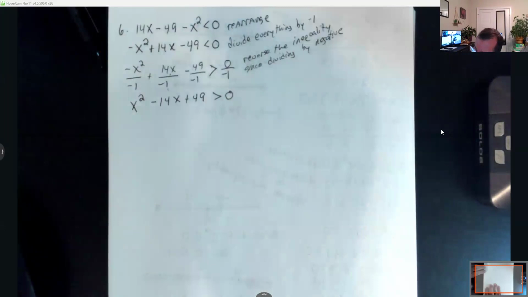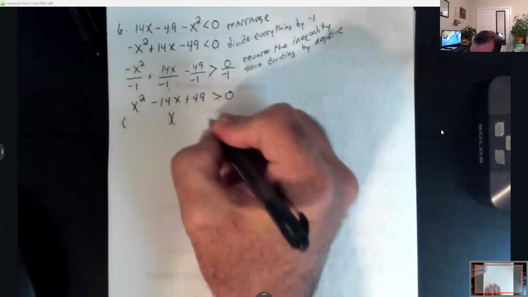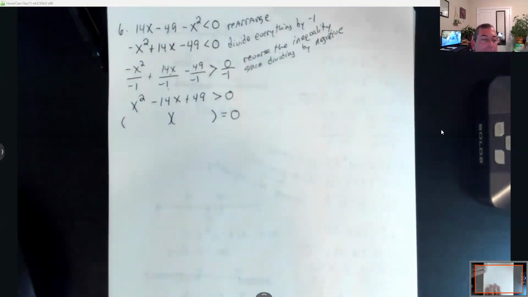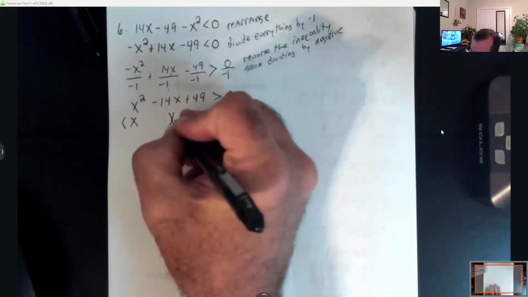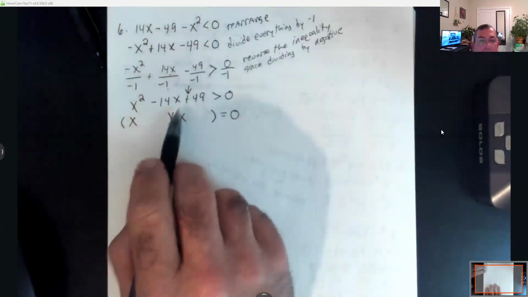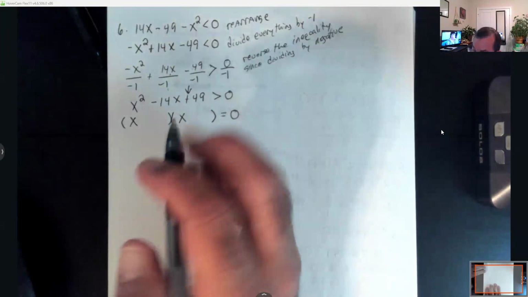All righty, so now we're looking at this. We got to factor it. And at that point, I'm just going to set everything equal to 0. So y'all, here's the x squared. This last number is now positive. So both of these factors are going to be negative.